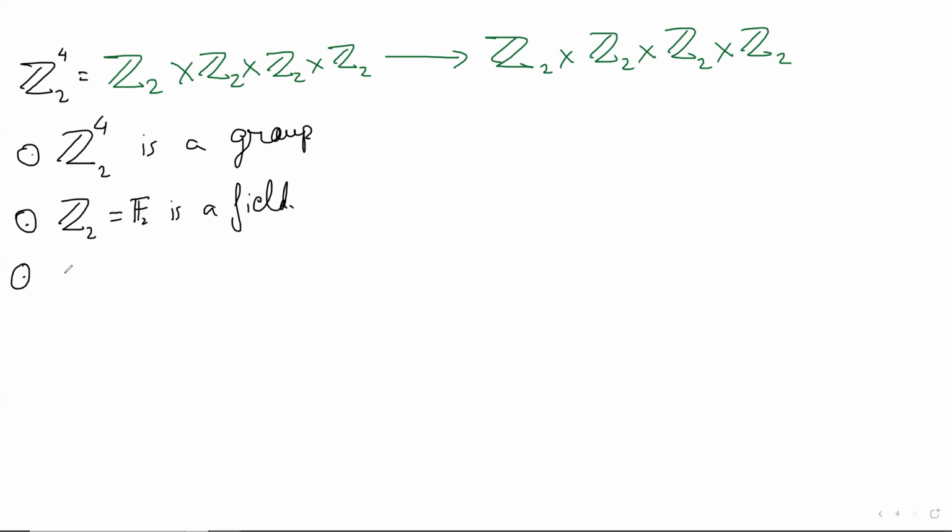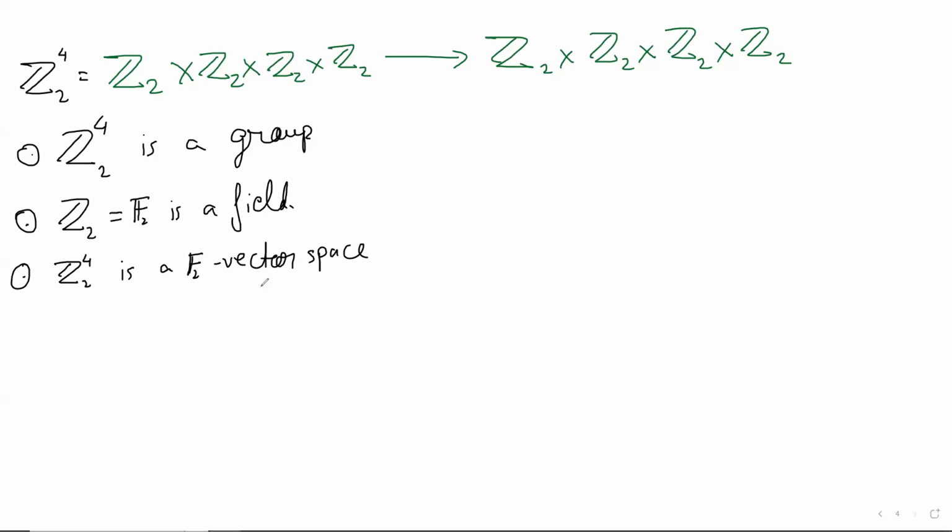Now, third thing is that Z2 to the 4, I'll now call it F2 to the 4 because I want to emphasize the field structure. It is an F2 vector space, right? This is the viewpoint. That's how you use the linear algebra you have studied. Otherwise, everything looks very dissociated and disconnected.